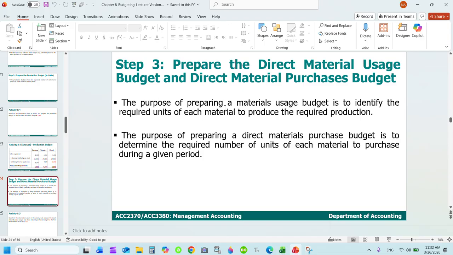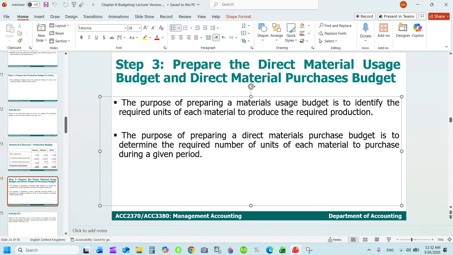The purpose of preparing the material usage budget is to identify the required units of each material. Material means each raw material, right? Each raw material to produce the production requirement.